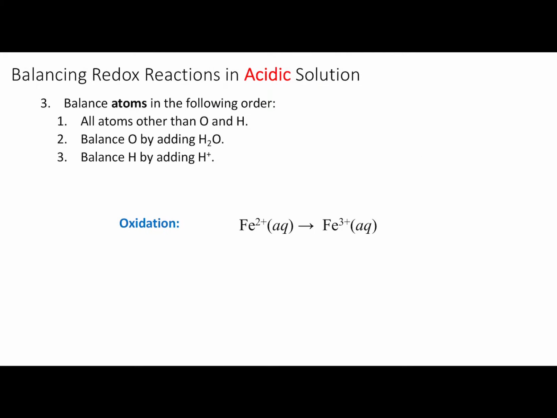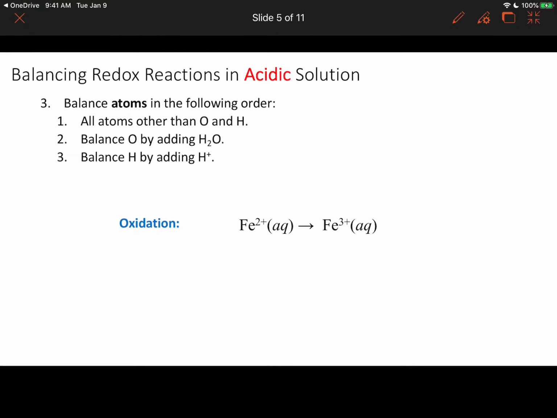Step 3 asks us to balance the atoms in each half reaction in the following order. And we'll start today with the oxidation half reaction. It doesn't matter whether you start with the oxidation or reduction half reaction here. I just happen to pick oxidation. The first step here is to balance all atoms other than hydrogen or oxygen. And you will notice here, that means for this reaction, we are balancing the underlined iron atoms.